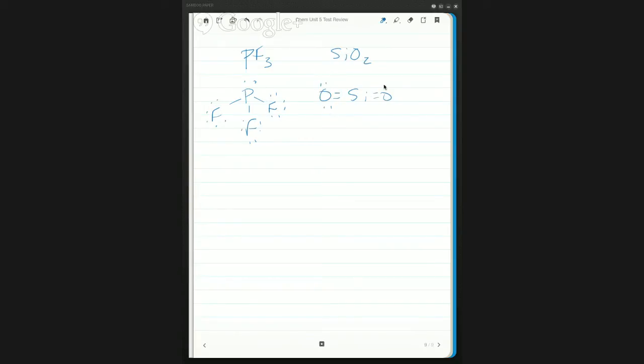SiO2. OCl2. I'm going to try to confuse you with some of these, is what I should have done. Here's one that doesn't exist at all.